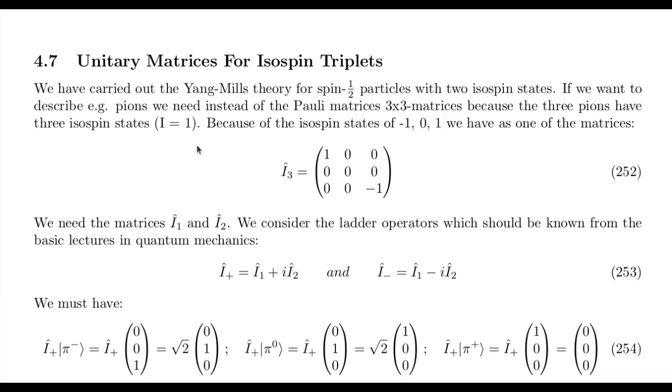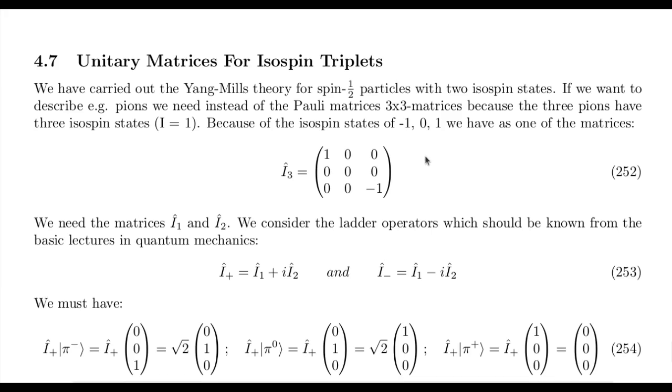There are 3 states of the pi meson: the negative one, the neutral one, and the positive one. We have isospin value 1 with the 3 values, isospin values -1, 0, 1. And so we need 3 times 3 matrices instead of the Pauli matrices.